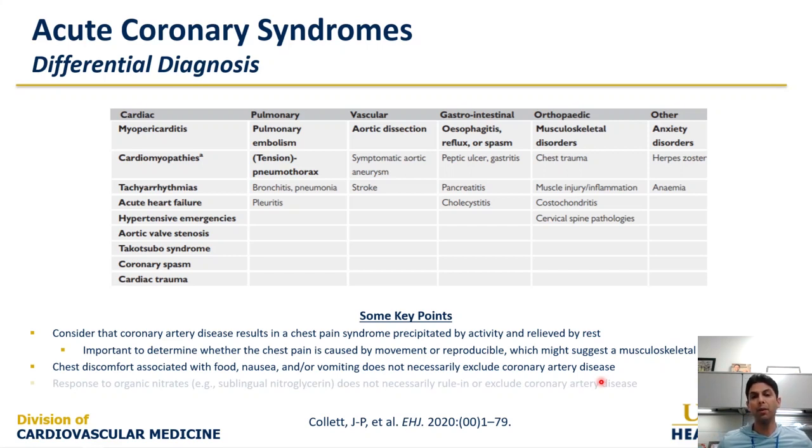And when there's shunting of blood to the splanchnic circulation, if a patient has a high-grade stenosis in the coronary artery, it can induce coronary steal. And in that patient, they will have angina symptoms. I will admit, typically in that scenario, those patients will also have chest pain with physical activity, but the possibility does exist that patients can have chest pain with eating associated with coronary artery disease.